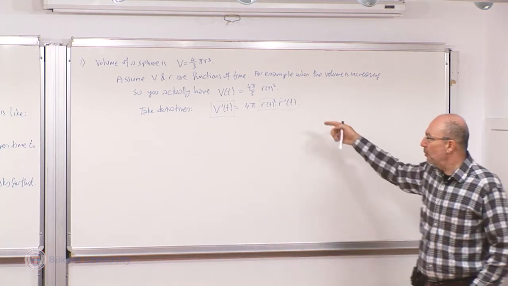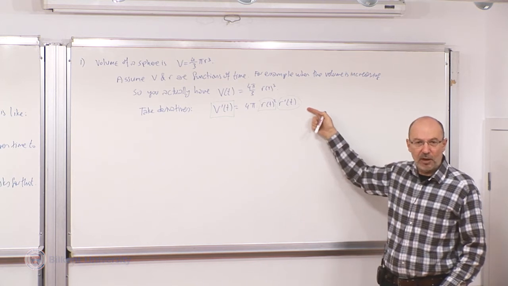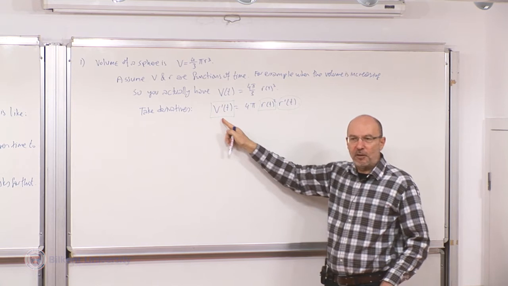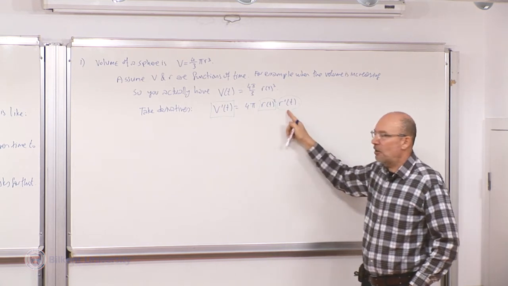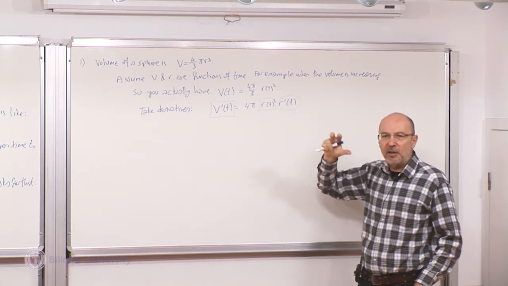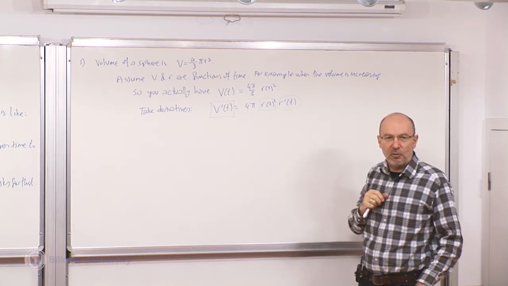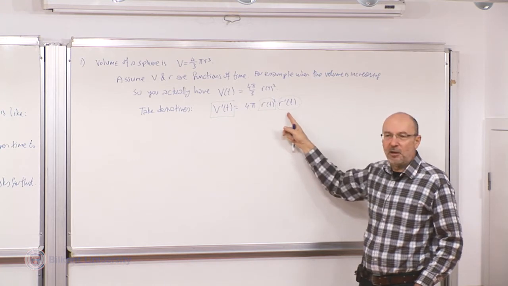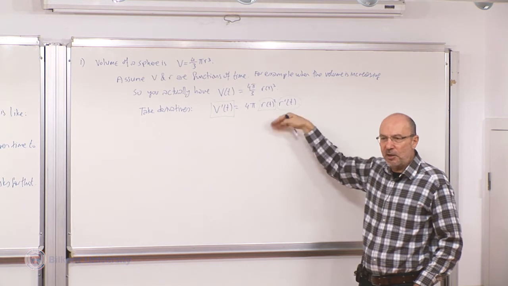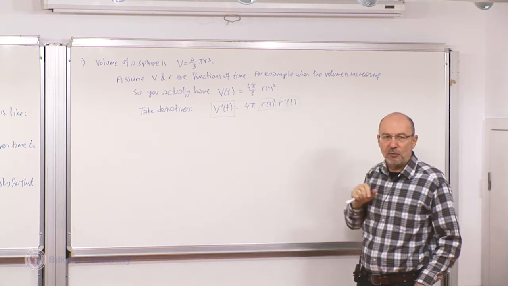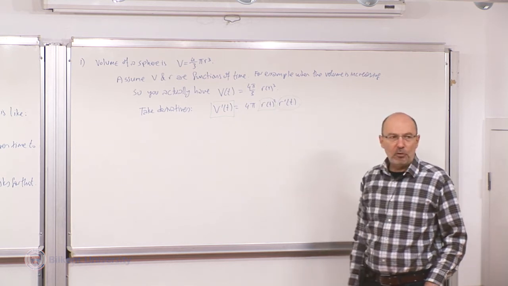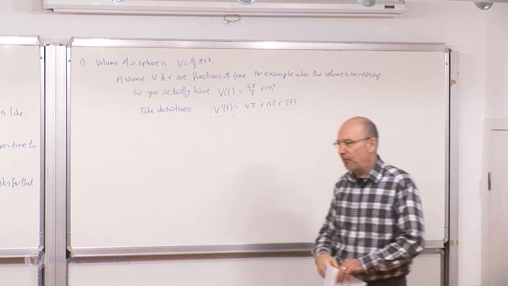Okay, that's not enough, because here we have three variables. If the story gives you only this value and asks for this value, it's not well defined. At every instant the volume is changing in a different way, even if the radius is increasing constantly, because every time R changes, it changes the way the volume is changing. So of these three, two of them must be given in the story.